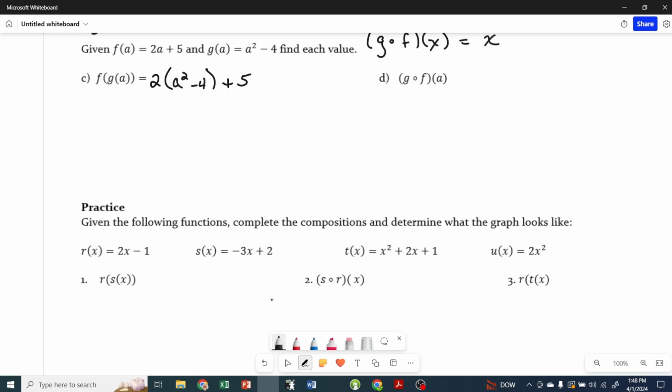Now we distribute. You should remember this by now. We multiply each thing in the parentheses. So this is going to be equal to 2a squared minus 8 plus 5. So f of g of a, not x, is equal to 2a squared minus 3.